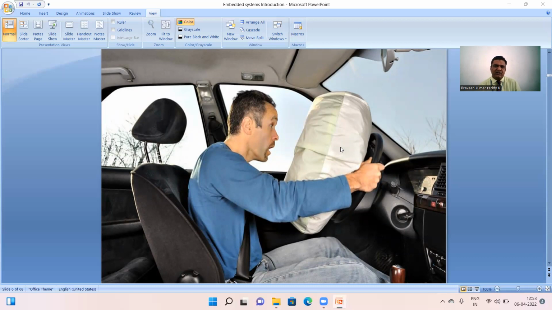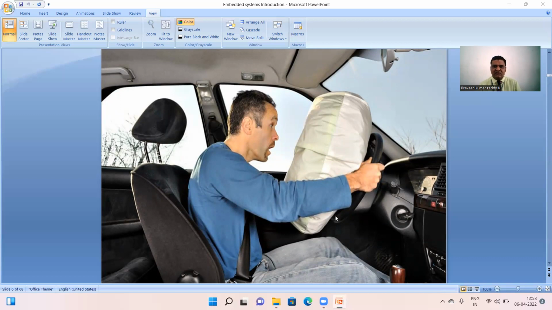Let's say it is time bounded. The airbag has to open within half a second or less. If your processor or your program is not performing this task within that specified time bound, there will be a huge loss. There will be a human loss. The driver may die.